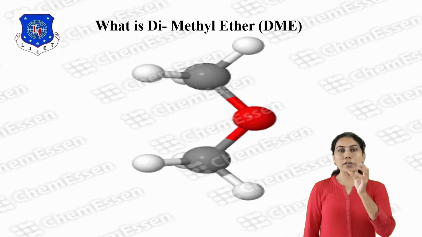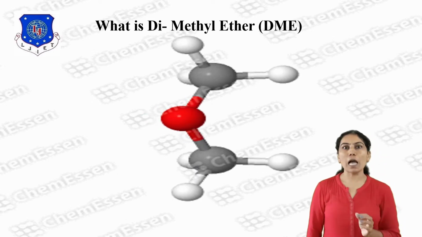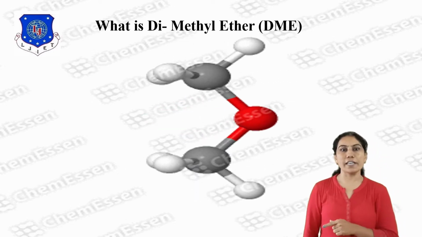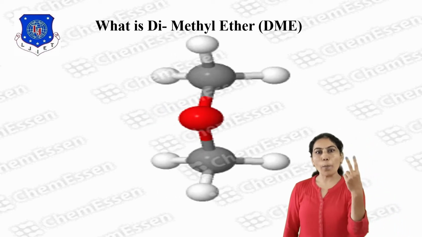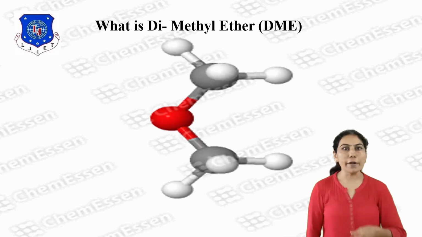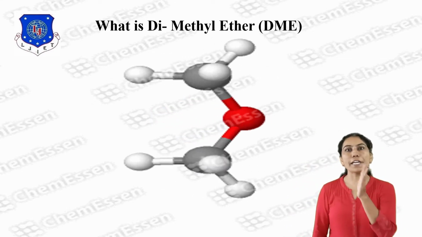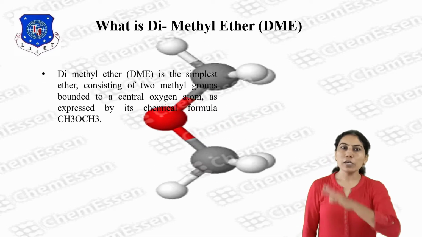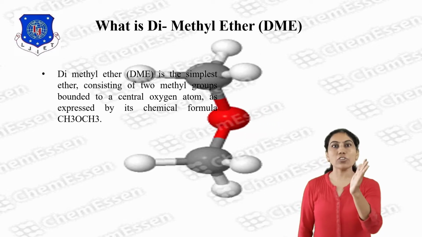You can see in the diagram the basic chemical formula, CH3OCH3. Okay, that means carbon 2 parts, hydrogen 6 parts and oxygen 1 part. This is the basic chemical structure formula of DME. So first, dimethyl ether is the simplest ether.